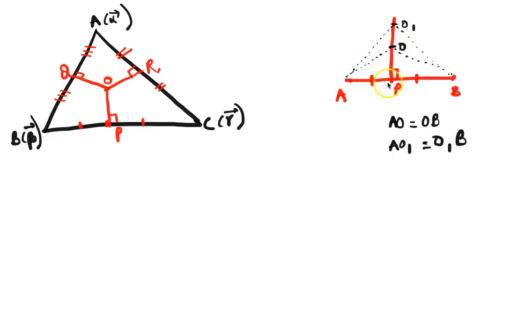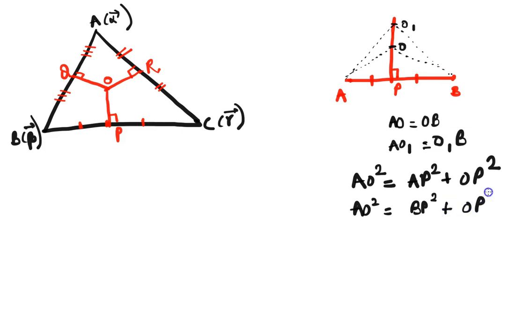Let's say triangle AOP. We can say that AO square is equal to AP square plus OP square, by the Pythagoras theorem. AP square is nothing but BP square, because AP is equal to BP, plus OP square. If I apply the same Pythagoras theorem in triangle BOP, this is nothing but OB square, and therefore AO is equal to OB.